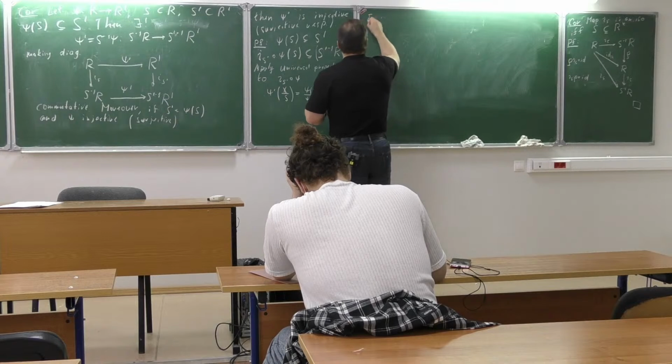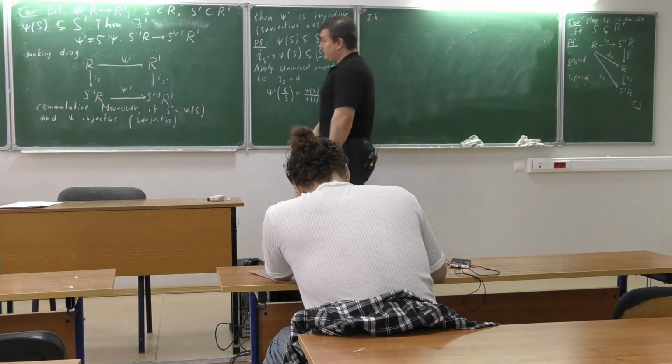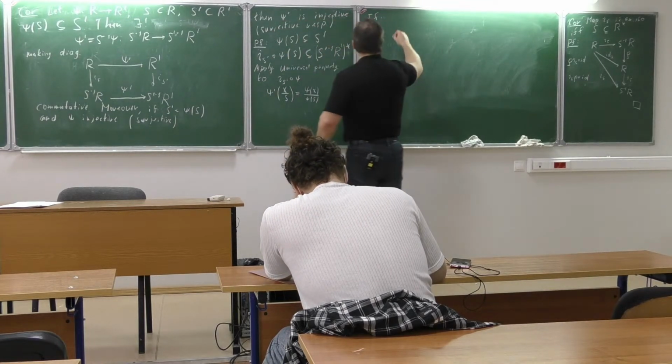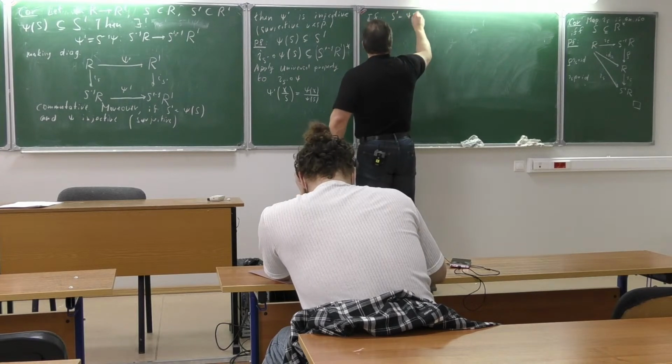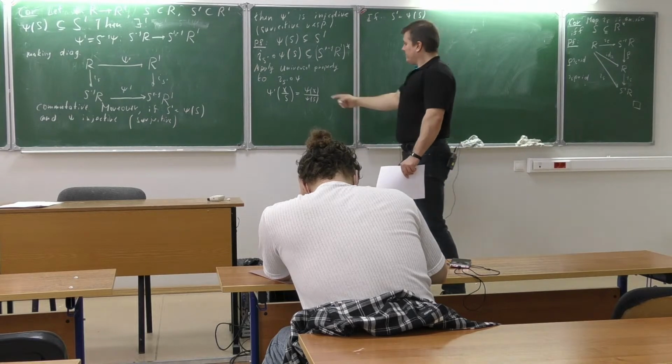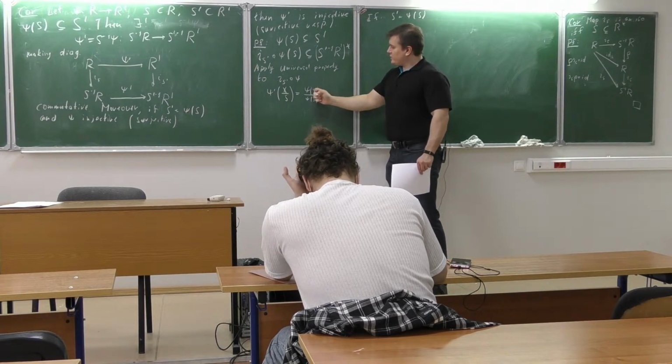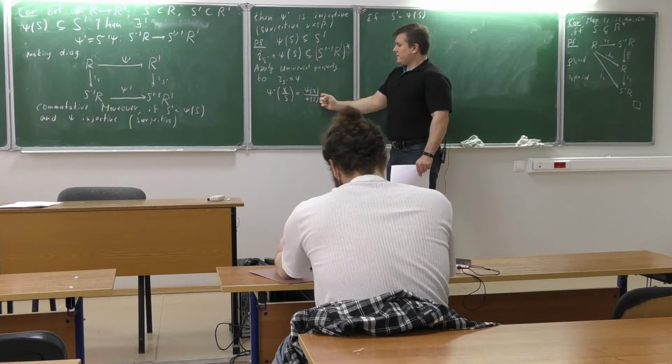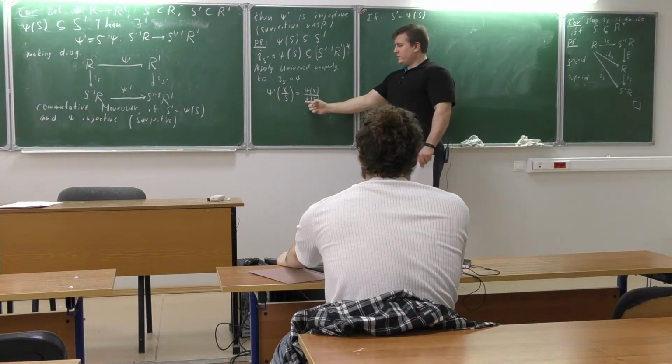Okay, now the last part of the statement. So if we assume that S prime is psi of S, so if the map psi is surjective, then the map psi prime is surjective just by looking at this formula.